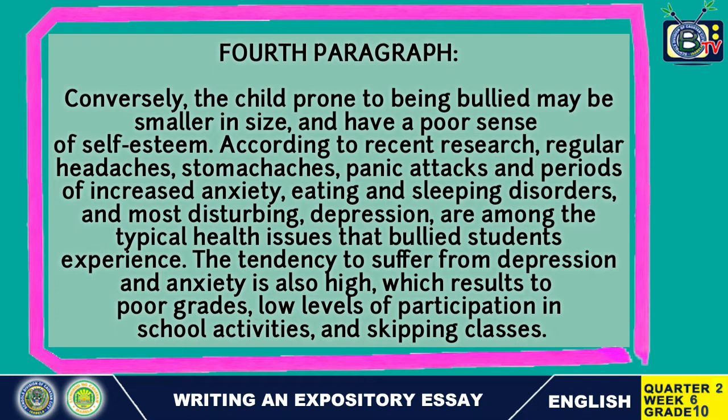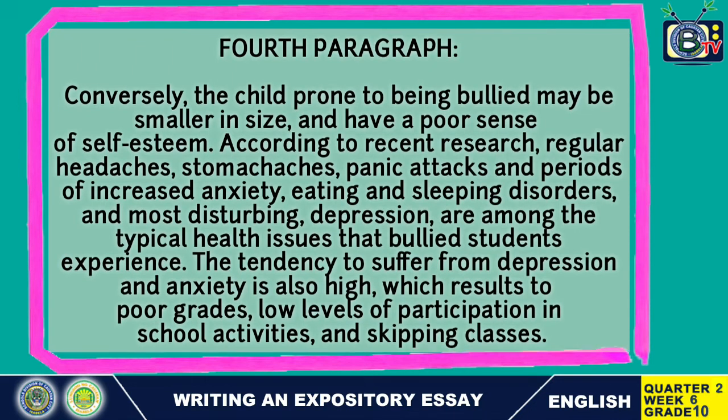According to recent research, regular headaches, stomach aches, panic attacks, periods of increased anxiety, eating and sleeping disorders, and most disturbing, depression are among the typical health issues that bullied students experience. The tendency to suffer from depression and anxiety is also high, which results in poor grades, a low level of participation in school activities, and skipping classes.